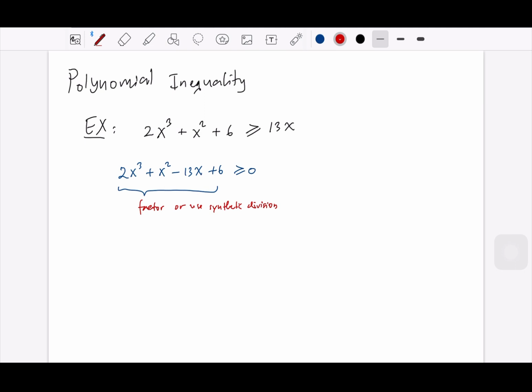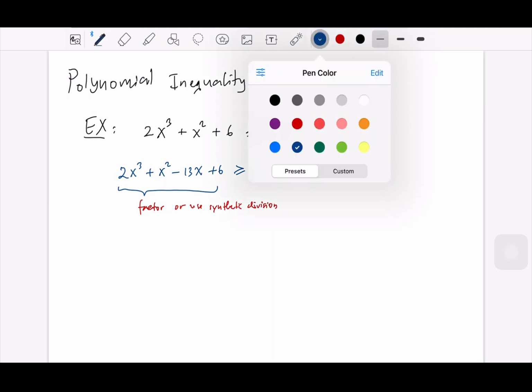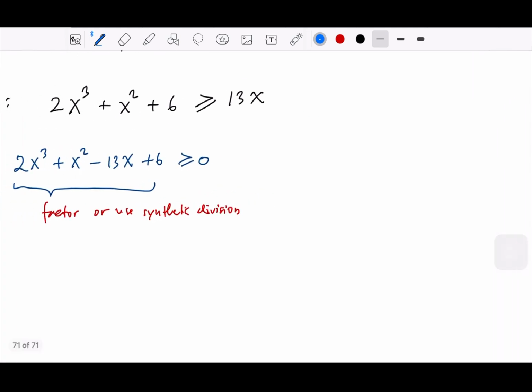So perhaps to simplify, we can think of this in terms of finding zeros as usual. So we are going to take factors of 6 over factors of 2 as our possible ratios or possible zeros.